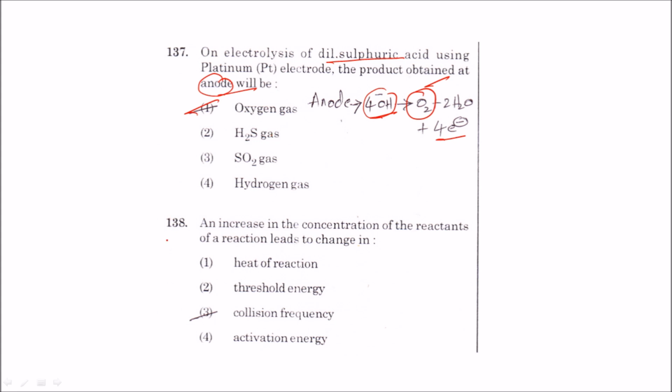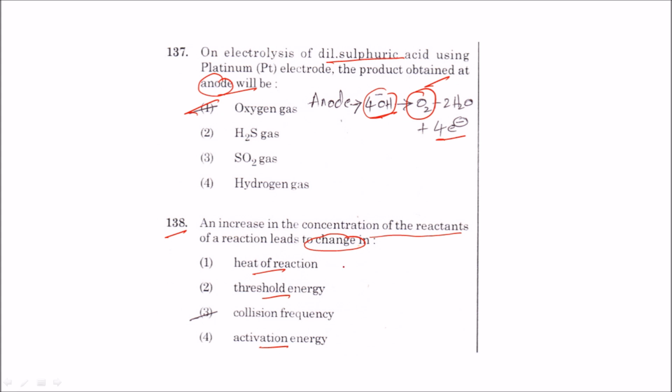Okay, next question is 138. An increase in the concentration of the reactants of the reaction leads to the change in. So it affects which of the following they're asking, right? We already know heat of reaction, threshold energy, and activation energy are independent of the concentration of the reactant.